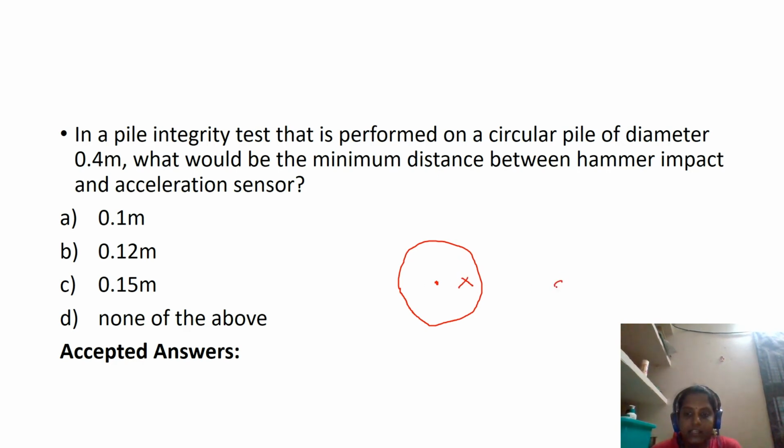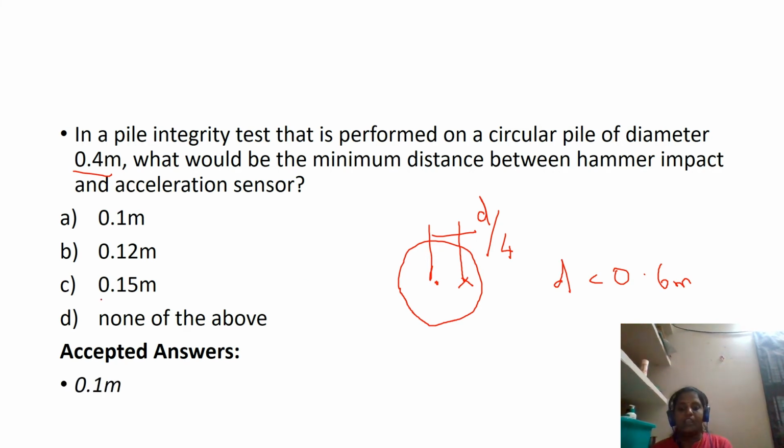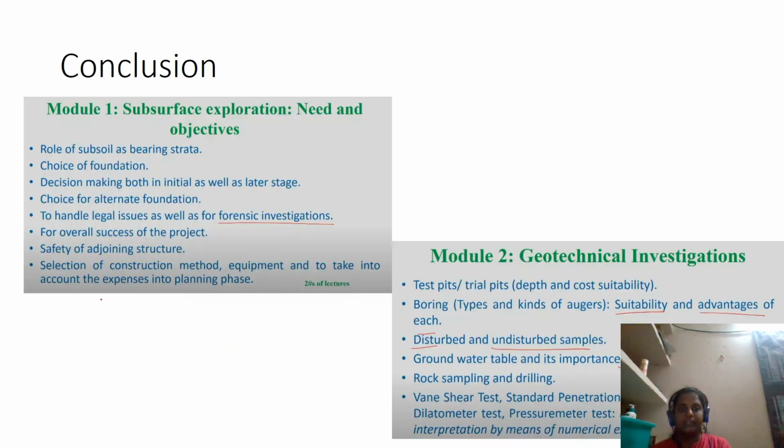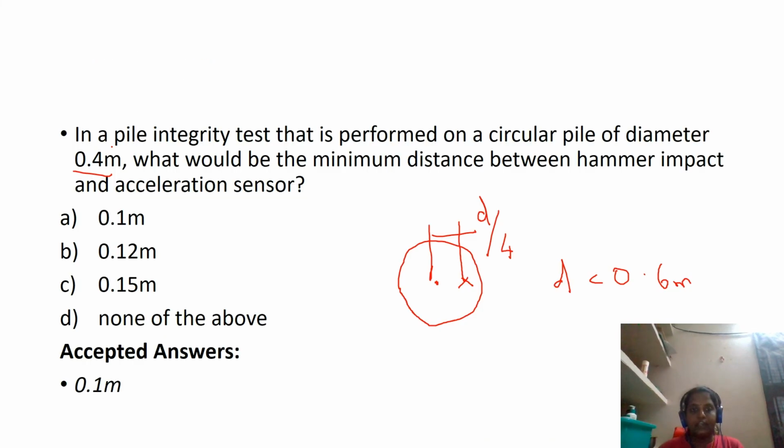For a diameter D less than 0.6 meter, this distance is going to be D by 4. Here the diameter is 0.4 meter, so the distance between your acceleration sensor and your hammer impact point should be D by 4, which is 0.1 meter.